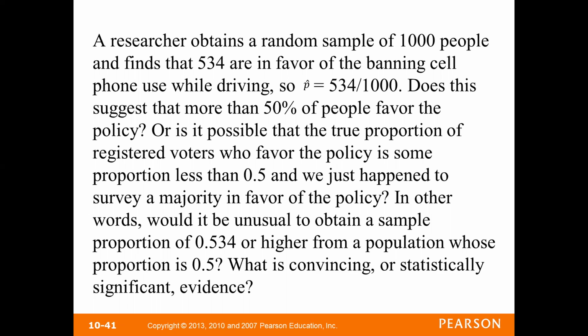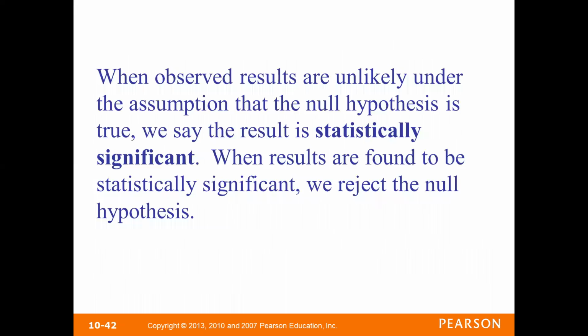Or could it be that just by random chance, we took a sample that had a proportion more than 50%? So our null hypothesis is that the true proportion is equal to 50%, and the alternative is that the proportion is greater than 50%.